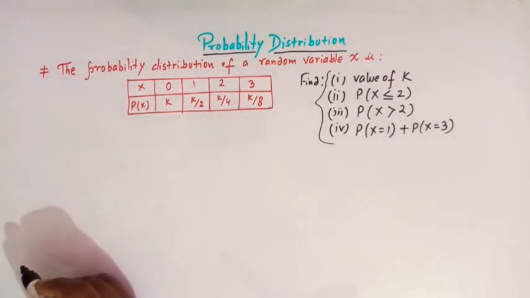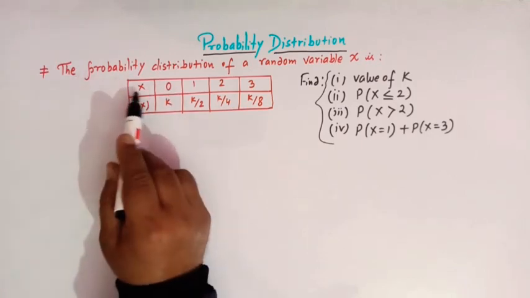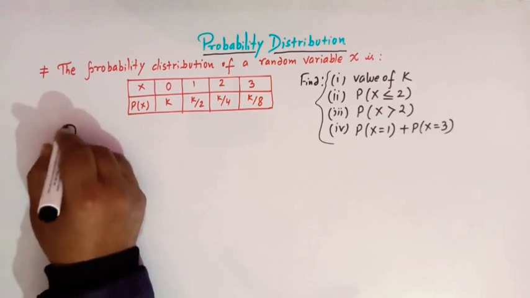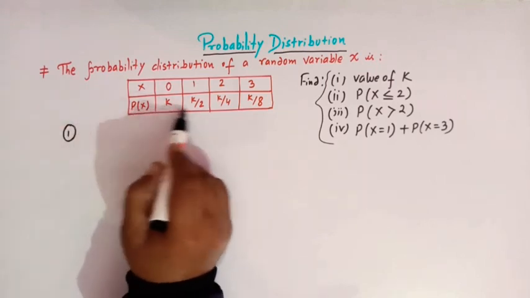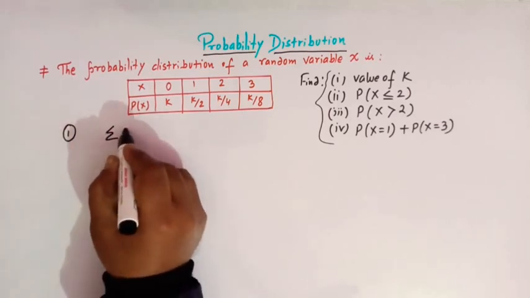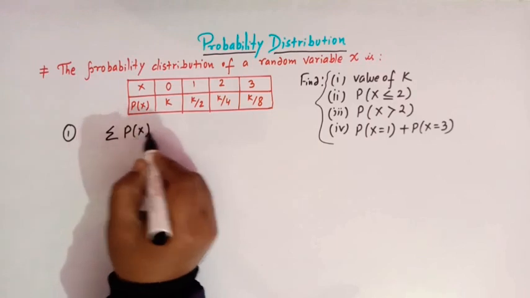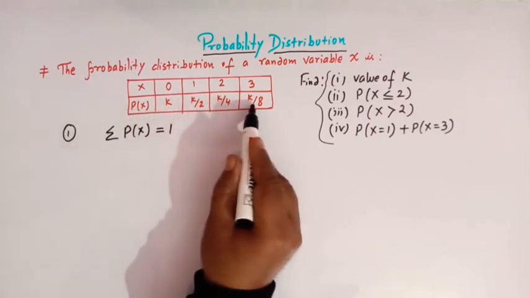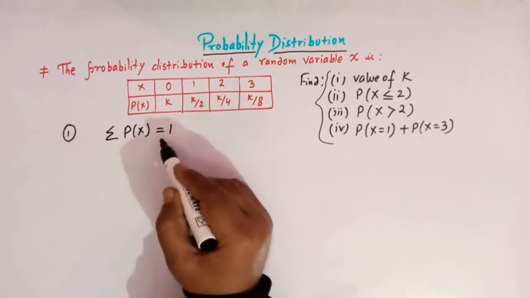So let us start. Now here we are given this table, and we know that the sum of all probabilities should be equal to 1, right? So we know that sigma of p of x should be equal to 1. So the sum of all probabilities should be equal to 1.